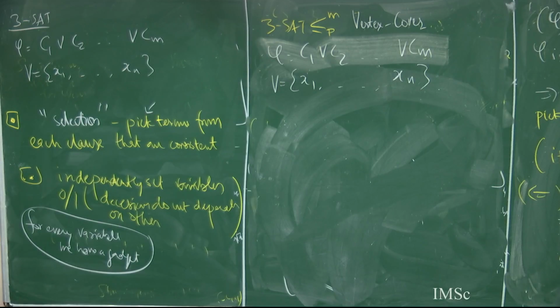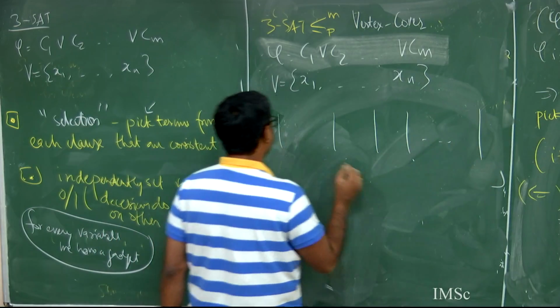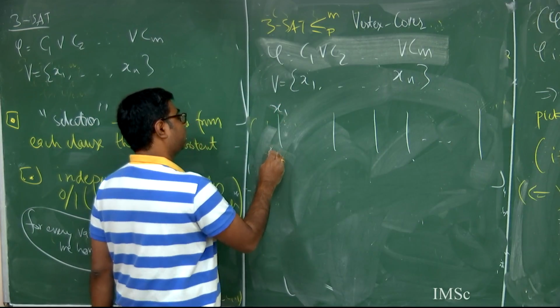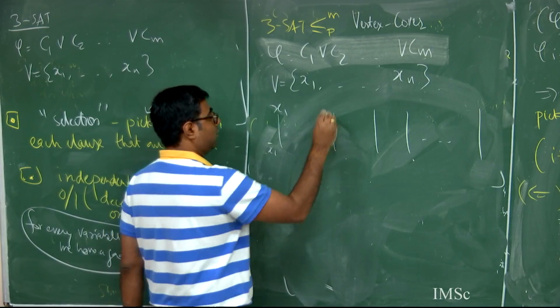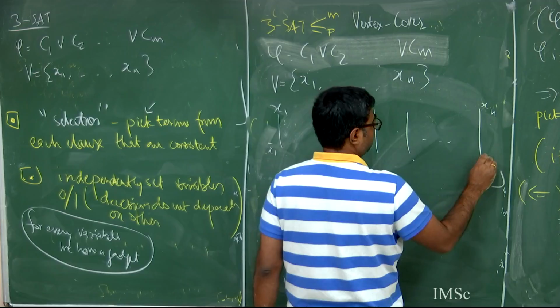What is the simplest gadget that I can ensure from the vertex cover, and by picking them, I know that I have both choices? And the simplest gadget is an edge, right? So for every variable, I make an edge, and I mark them x1, x1 bar, x2, x2 bar, xn, xn bar.